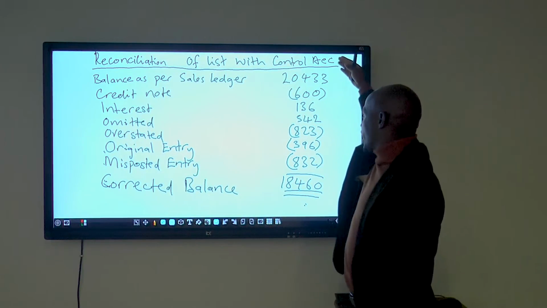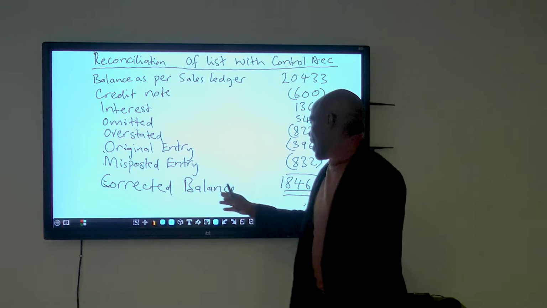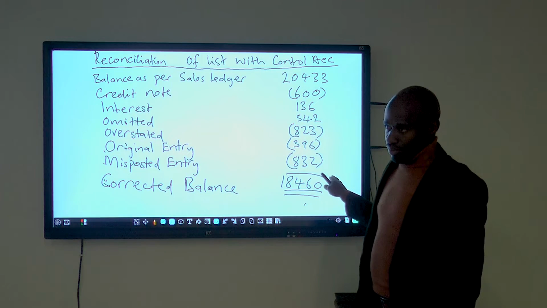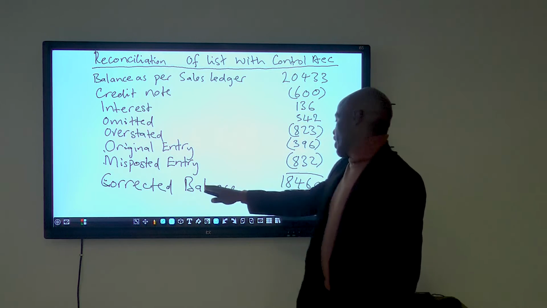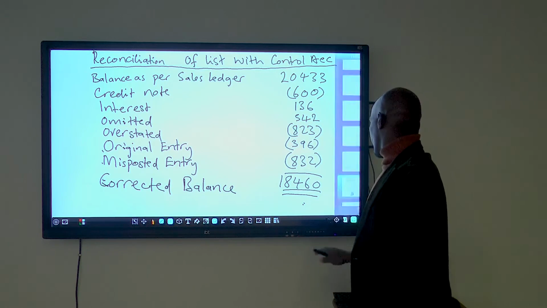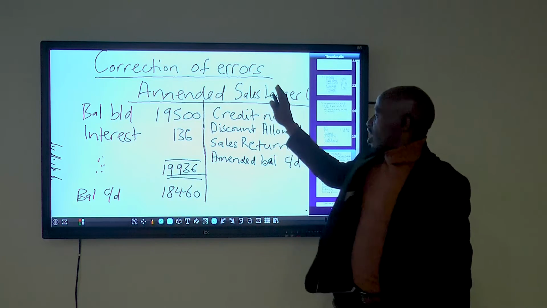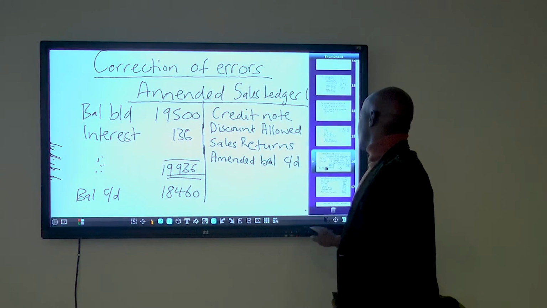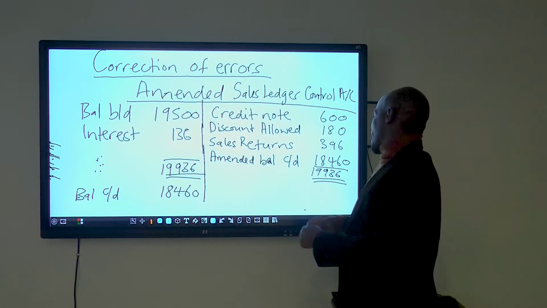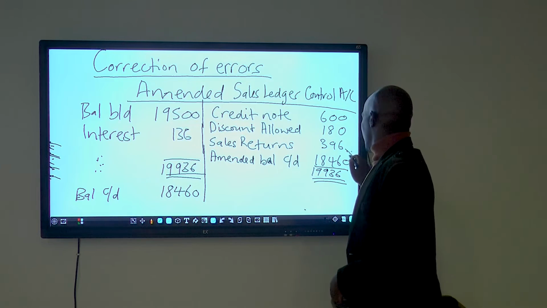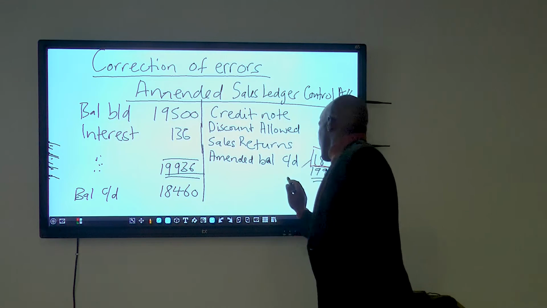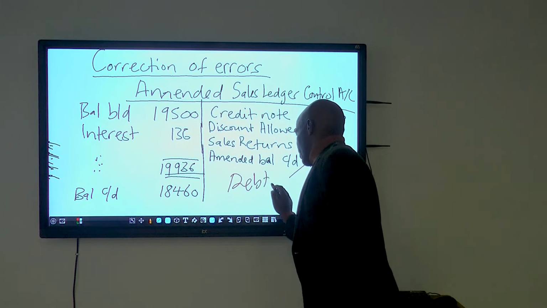Now, a quick arithmetic there will give us a corrected balance of 18,460. A corrected balance of 18,460. If you compare with our amended sales ledger control account, you will realize that this figure, 18,460, is our debtors figure.